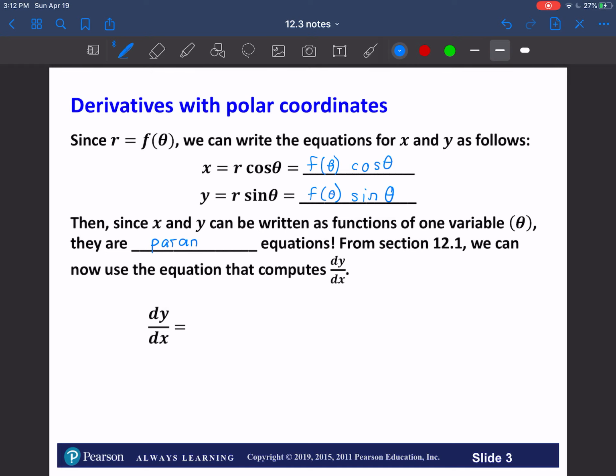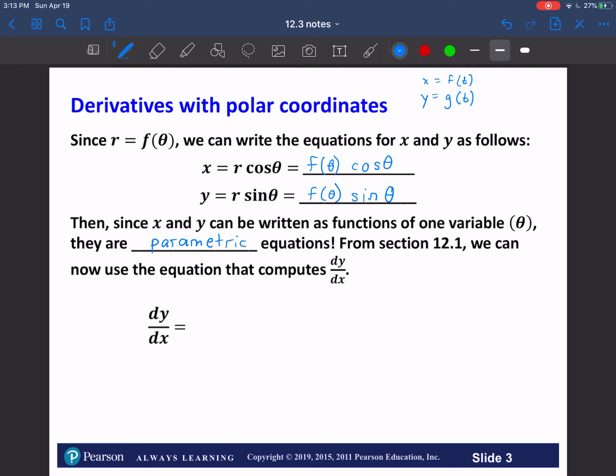Remember that a parametric equation in general requires that we write x is equal to f of t and y is equal to g of t. Well, in this section, we essentially have that, except instead of writing t, we would write theta. So these are parametric equations.